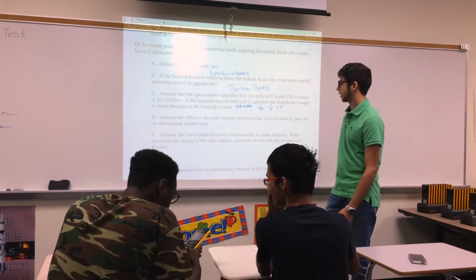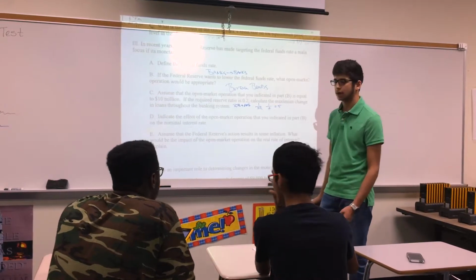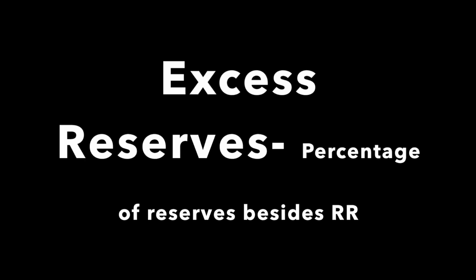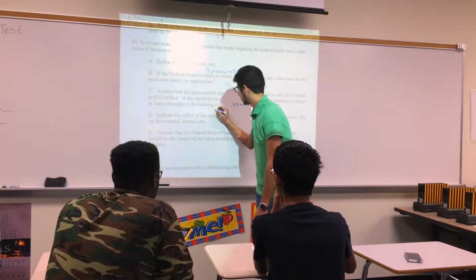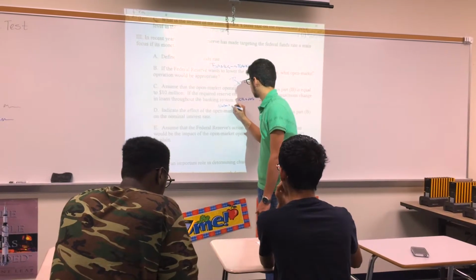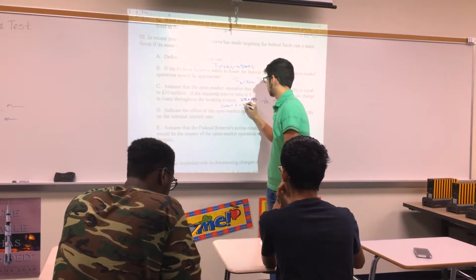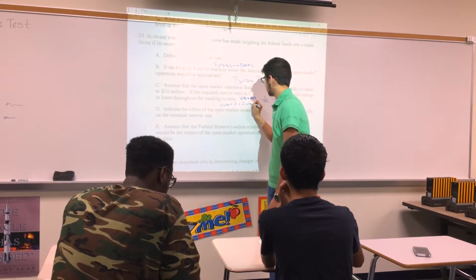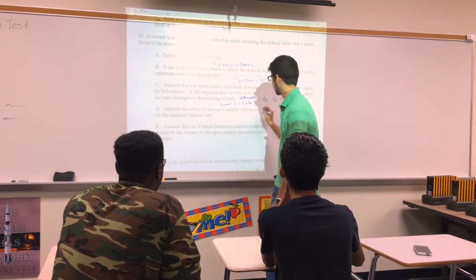Now you need to take your excess reserves, which are calculated after deducting the required reserves. So you take your 10 million and multiply that times 0.2, and you get 2 million, and that is your required reserves. Now you subtract that from your 10 million.